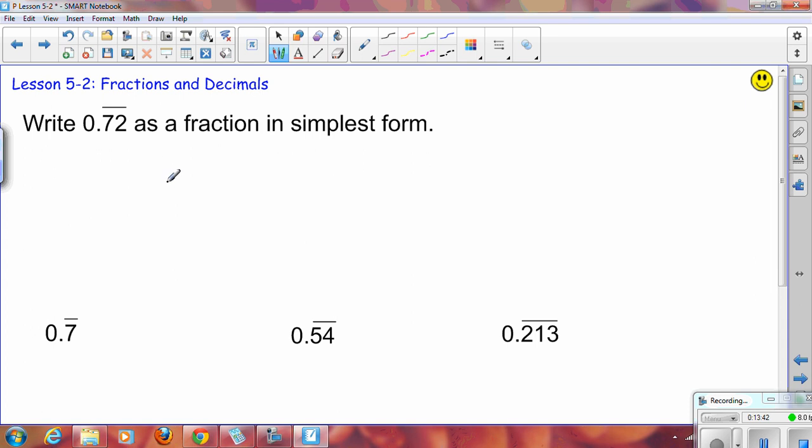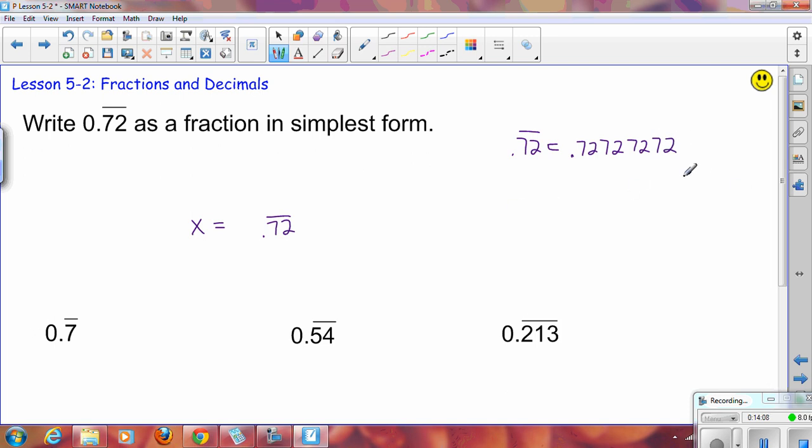0.72 repeating. So the first thing we do is we assign this a variable. X equals, I'm going to leave a little space here and you'll see why in a second. 0.72 repeating. Now remember, 0.72 repeating means 0.72727272, okay?